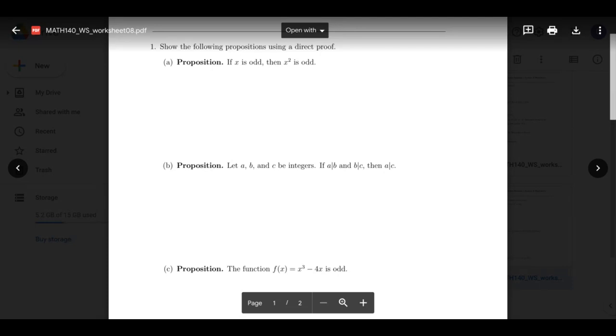Using a particular number is just showing one case. We want to show it works for all numbers. Okay, 2 more minutes for the first question.